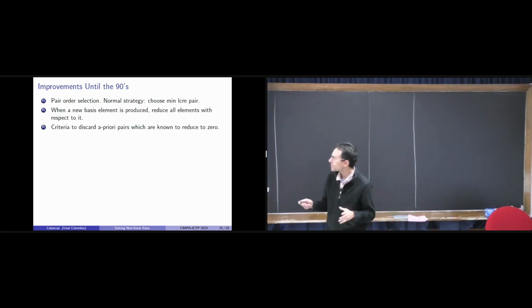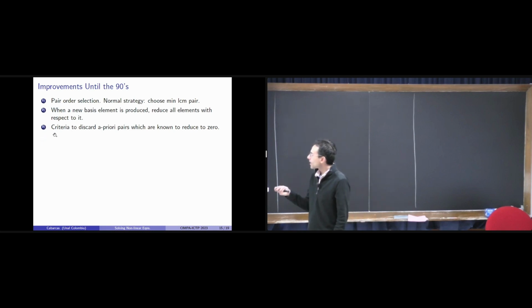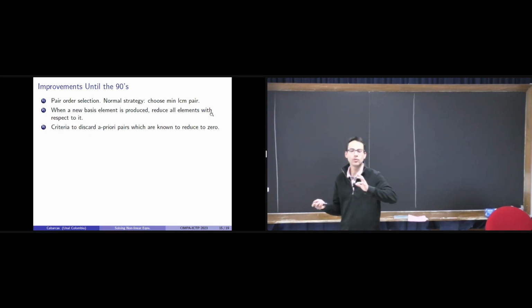The point of this lecture is not really this. So I'm definitely not going to talk about the first two points. I will come back to the third one later, maybe tomorrow or on Thursday.